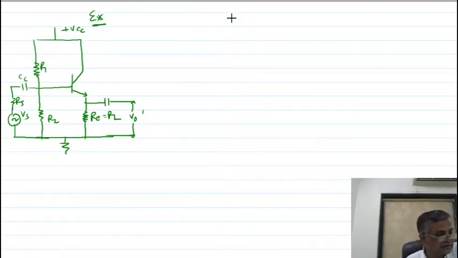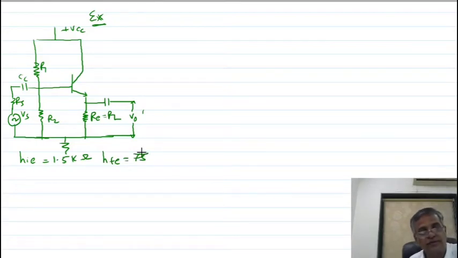In this circuit they have given HIE equal to 1.5 kilo, HFE 75. This is your emitter follower circuit. Already I told you what an emitter follower is.